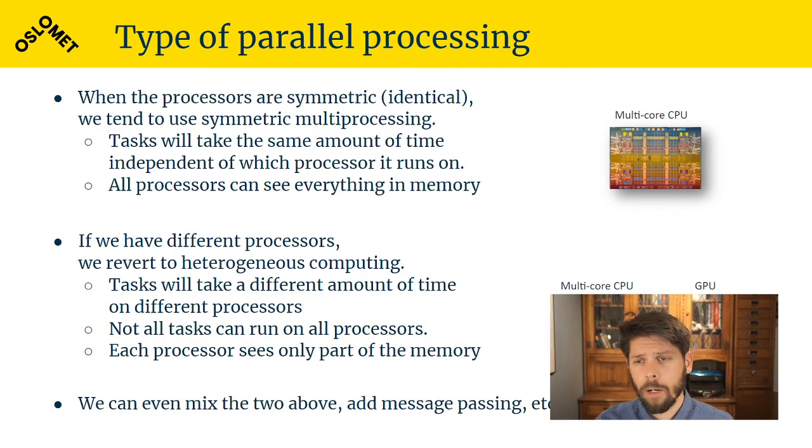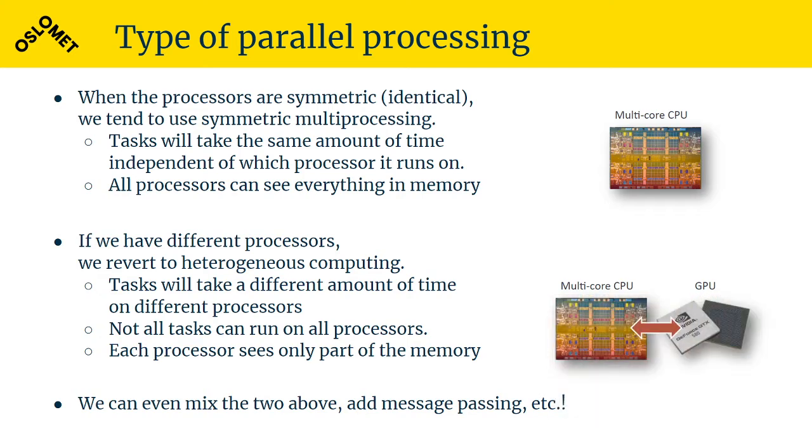If we look at parallel processing, we, in the previous session, looked at different types of processors and saw that we could have a set of multi-core CPUs where you have identical processing units across, so each core is identical to the next one. But then you could also have different processors, which is kind of like the heterogeneous computing mindset, where you have a multi-core CPU and a GPU coupled together.